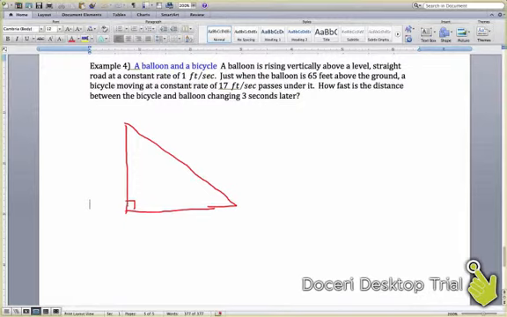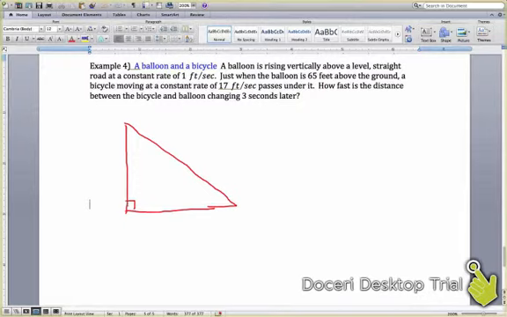The bicycle, if it's traveling at 17 feet per second, 3 seconds later it's going to be 3 times 17, 51 feet past the balloon.